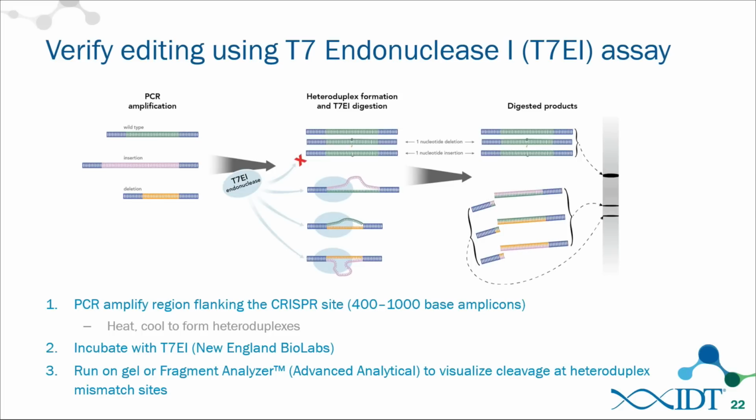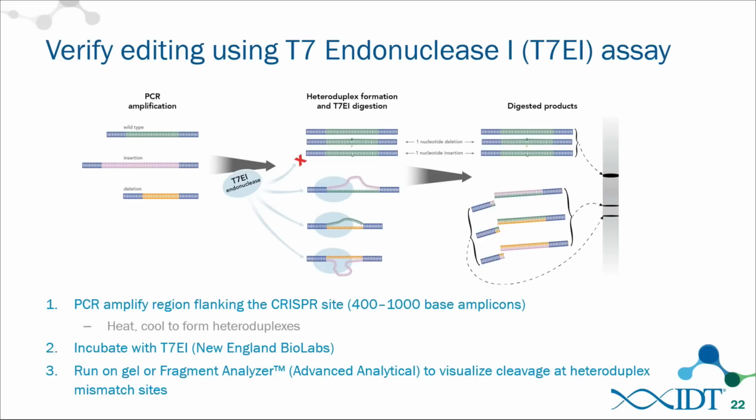If we form heteroduplexes by heating to 95 degrees and then doing a slow cool, we will get formation of heteroduplexes. We'll also get wild-type double-stranded DNA that's formed, and maybe some single nucleotide insertions or deletions that wouldn't necessarily be detected by the T7 E1 assay.